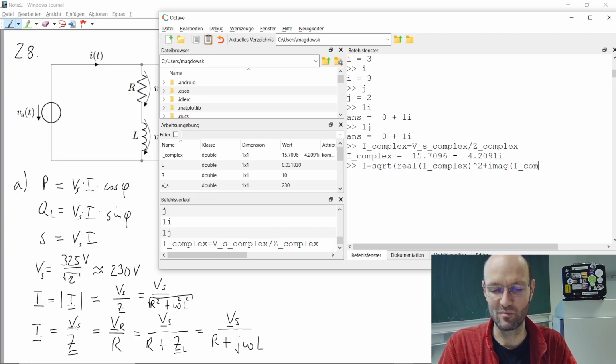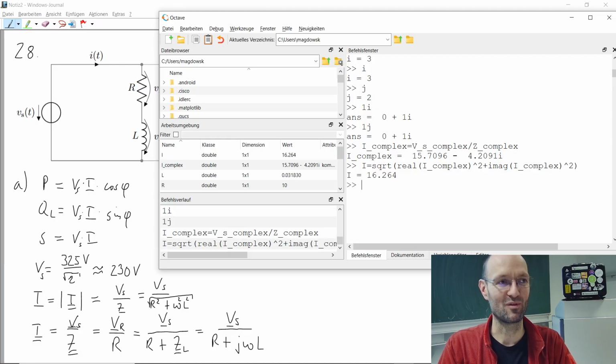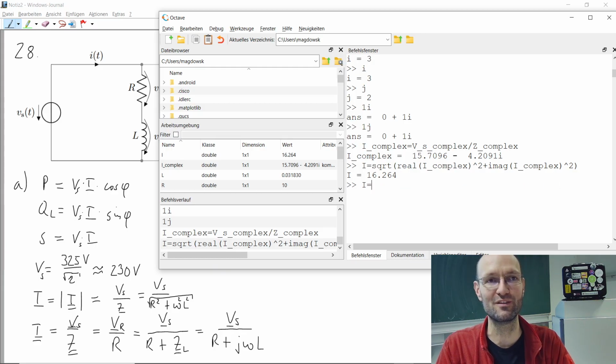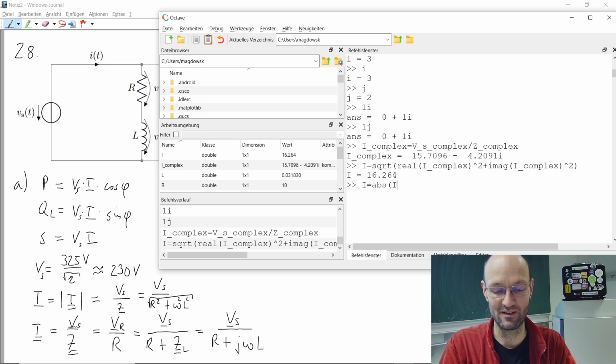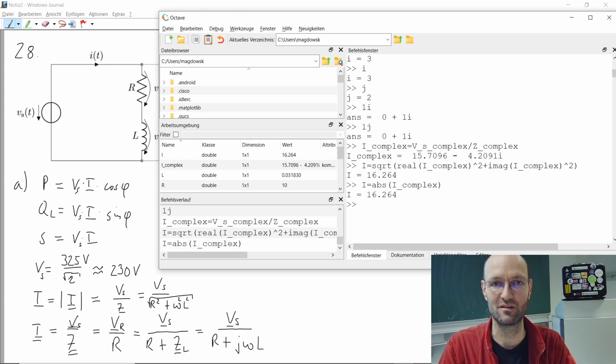Yeah, now I'm typing. And then the square root, and we get some number. There must be an easier solution for this because this is not very convenient, and the easier solution is the absolute value. If we calculate the absolute value of our complex quantity, we get the same result, because this is the magnitude.